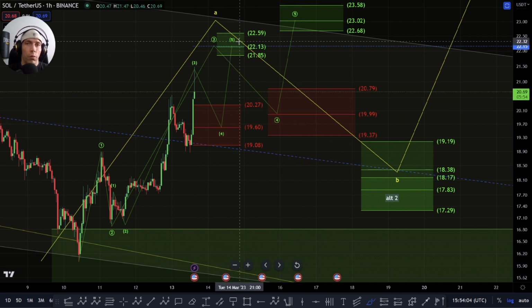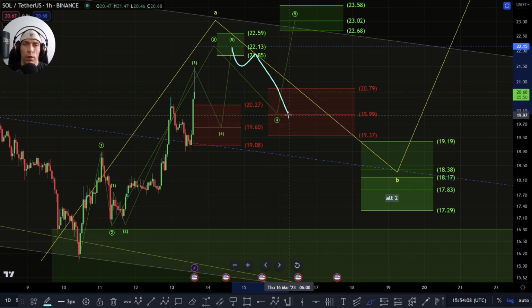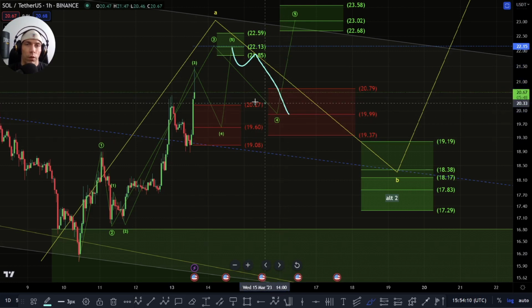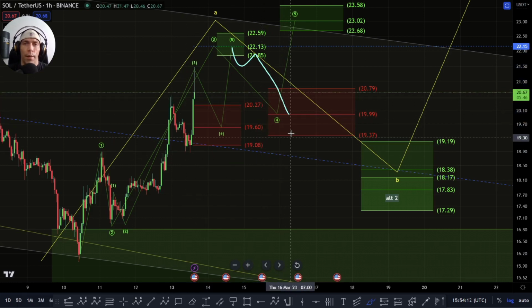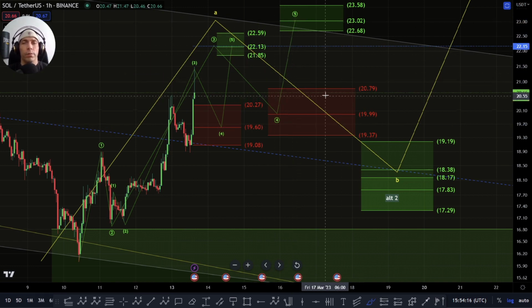So if we do move up into this 2215 zone, what I'd want to see is whether we get an additional pullback into the zone of these previous wave fours, and then looking for that continuation to the upside for that fifth wave.